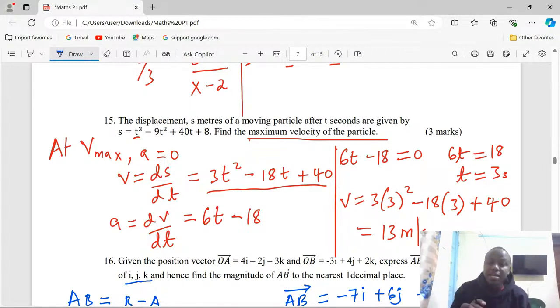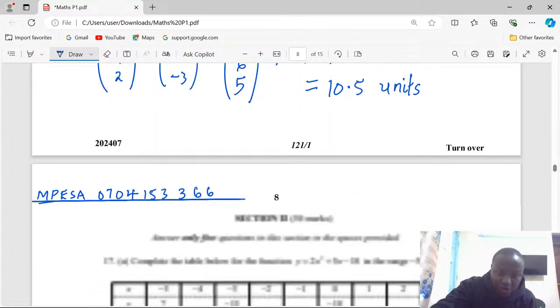Then we obtain the maximum velocity by substituting the value of t, which is 3, in the velocity function to give us a velocity of 13 meters per second. Thank you for your question.